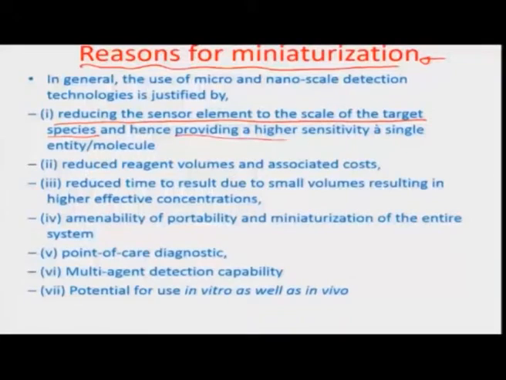So, therefore, you can provide a higher sensitivity, and that is outrightly the case when we talk about miniaturization.